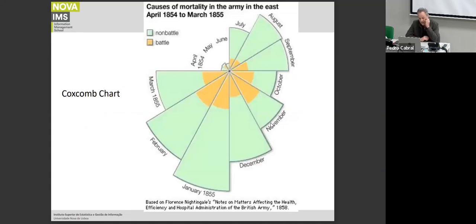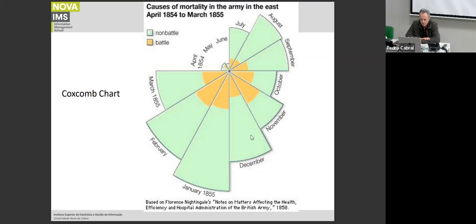Sometimes it's used, so we need to know that they exist. There is this famous representation of the British Army depicting mortality from 1854 to 1855. So starting on the top, we can see in green the casualties outside battle, and then the casualties inside battle.